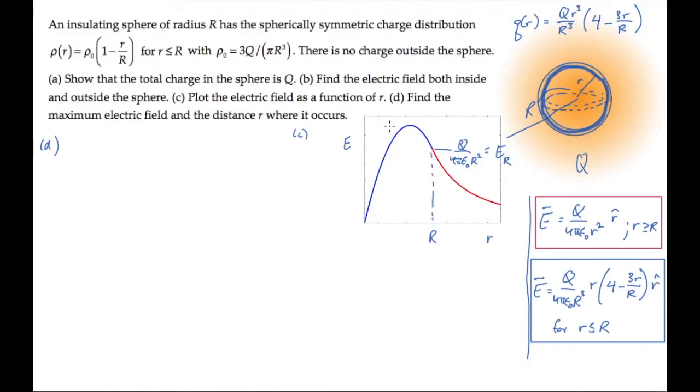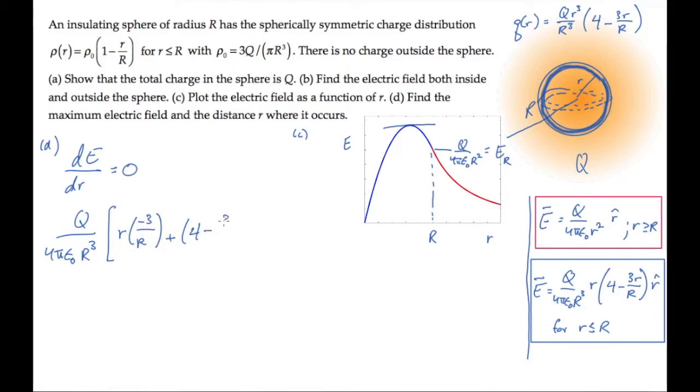We're now asked to find the maximum value of the electric field. That's the value of the electric field right here, where the slope of the electric field is 0. We'll find it in the usual way by setting the derivative of the blue function equal to 0, finding the position r where that occurs. If we calculate the derivative of the blue function with respect to r, we get this expression after employing the product rule.